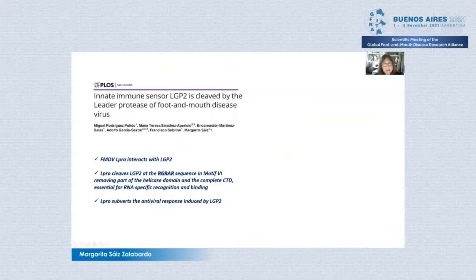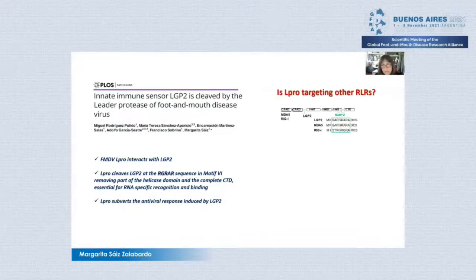In 2018, we reported that LGP2, another, if you remember, member of the RIG-I-like receptor family, was being cleaved by the FMDV leader protease. And we were able to precisely map the target sequence for Lpro on LGP2, and correlated this cleavage event with impairment of the antiviral response.